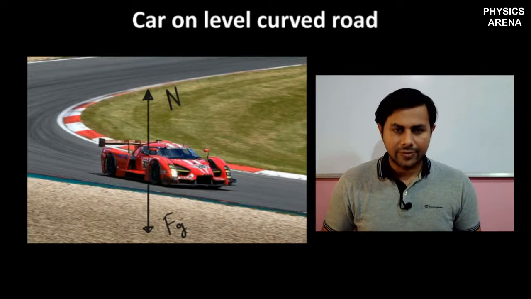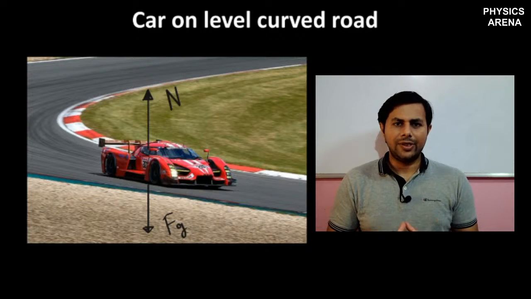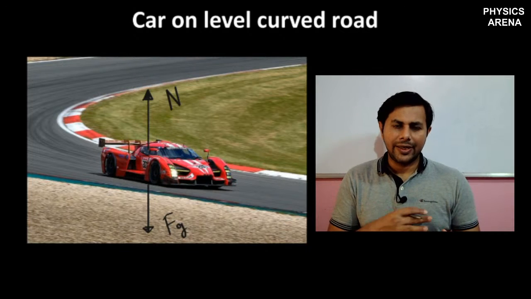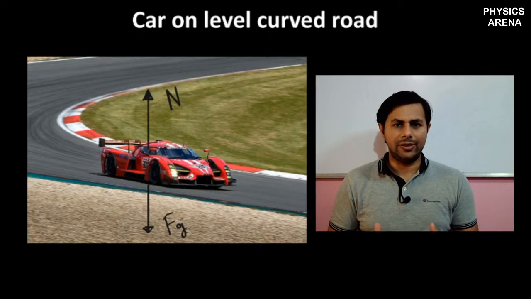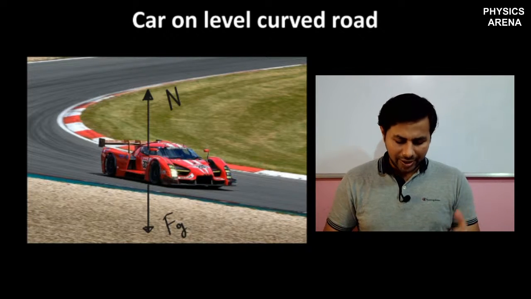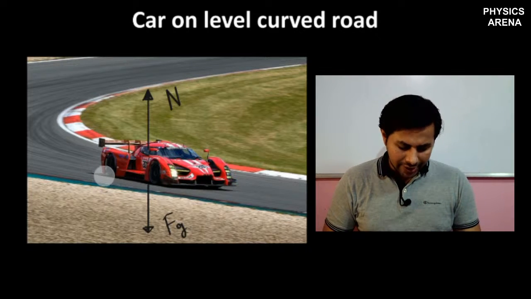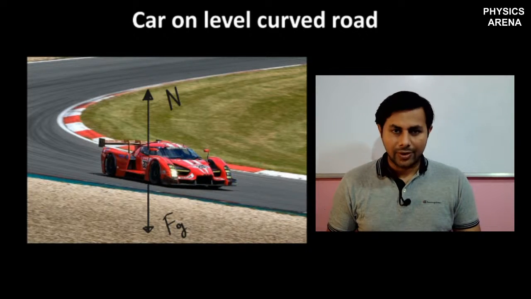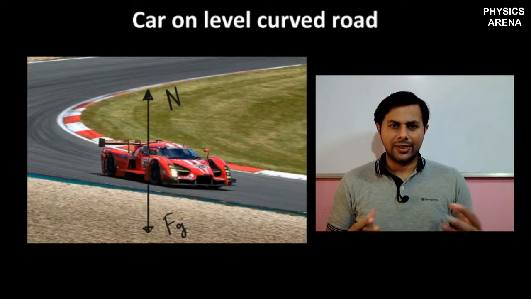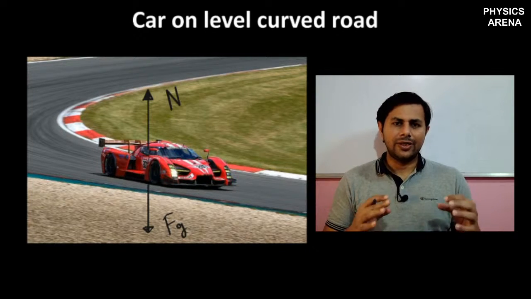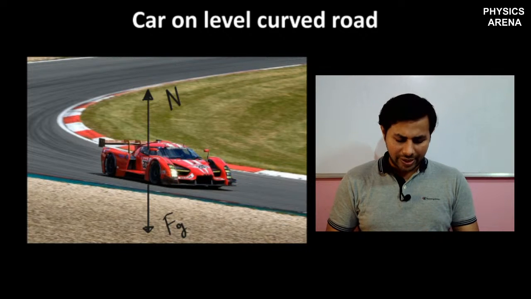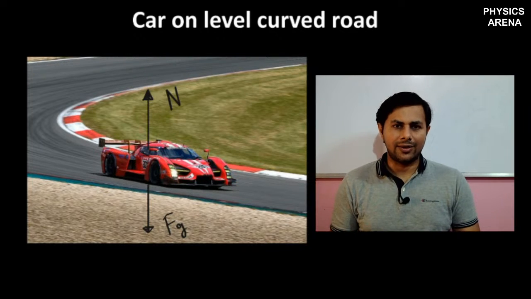But now notice what happens when a car takes a turn with very high speed. You might have seen that the car moves away. The car skids away. And what is the reason for the skidding? The frictional force is not quite enough to keep that car on track.